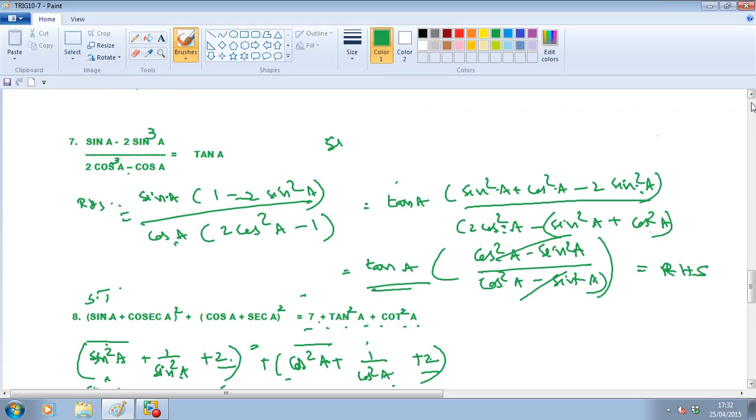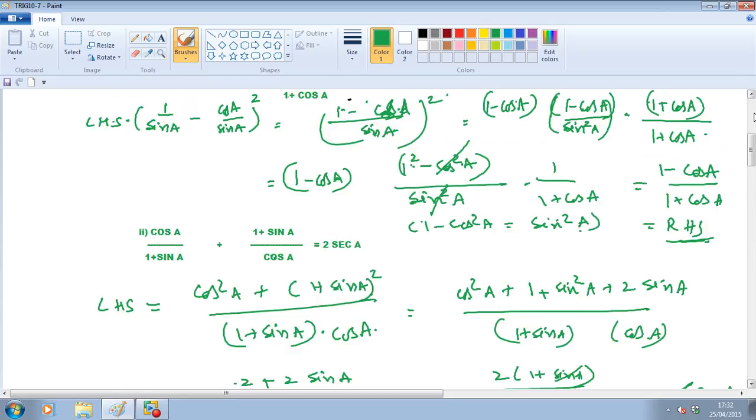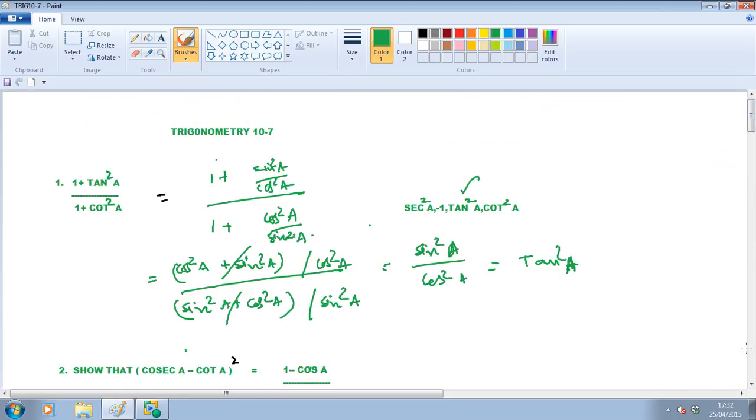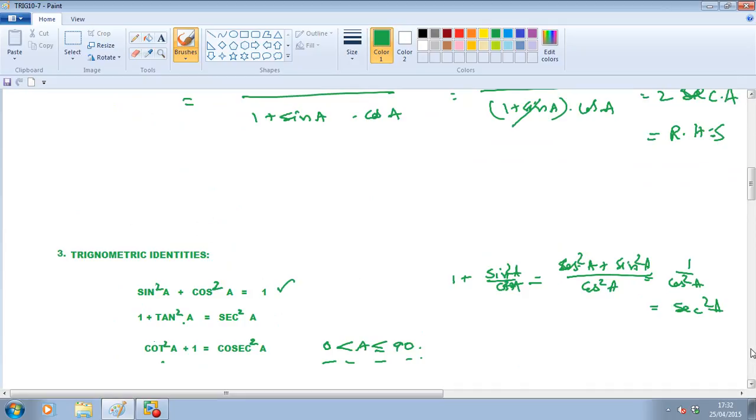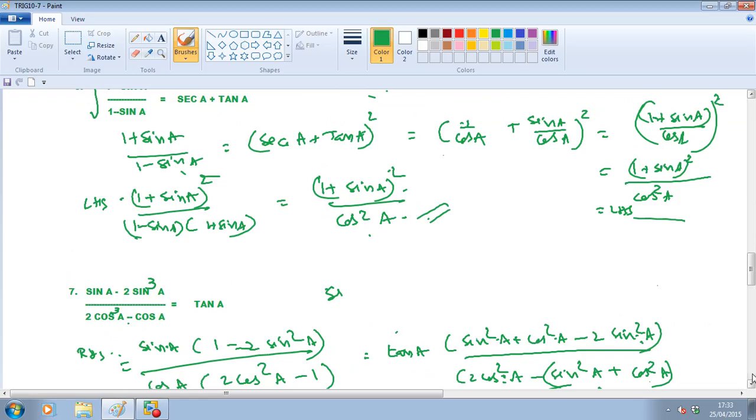Let us recollect the trigonometric identities we have seen. 1 plus tan square theta is equal to secant square theta. Cot square A plus 1 is equal to cosecant square A. So now this formula will apply.